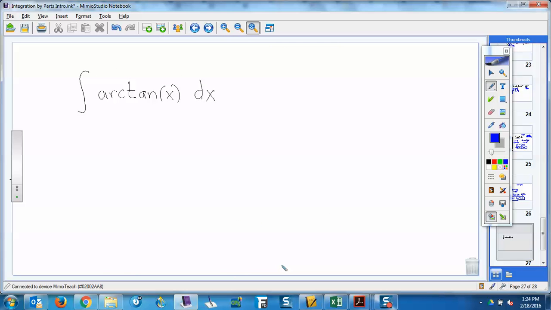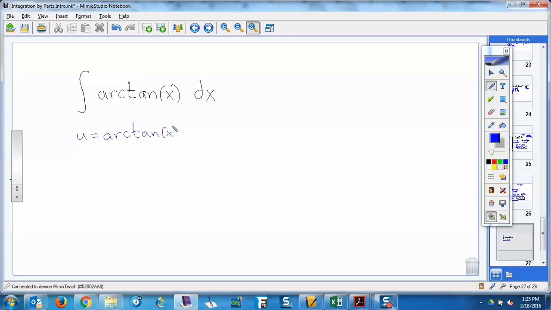Let's see, I'm going to skip this one. I'll just make one comment about this one. It's an inverse trig. Now, according to LIATE, that's pretty high on our list of things to pick for a u, right? So on this one, I'll just write this down, and then you can finish it later.